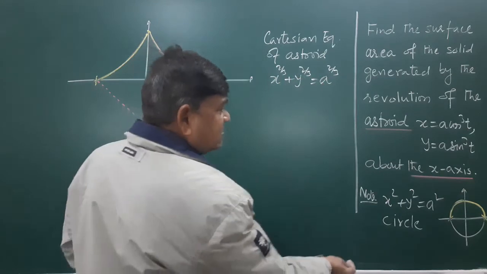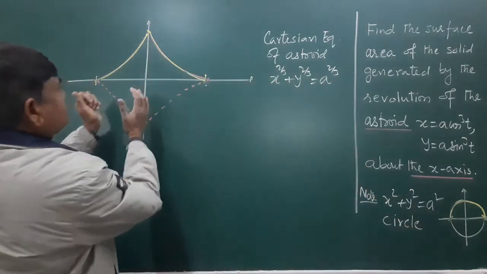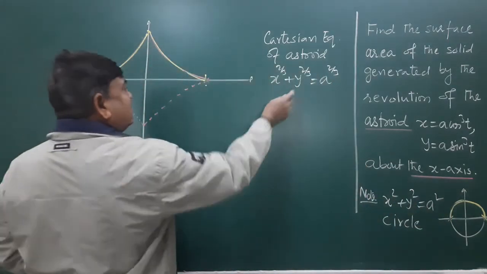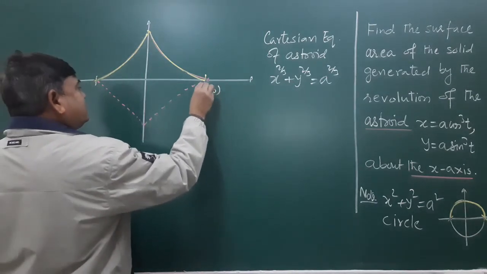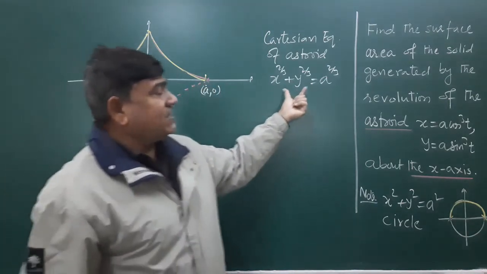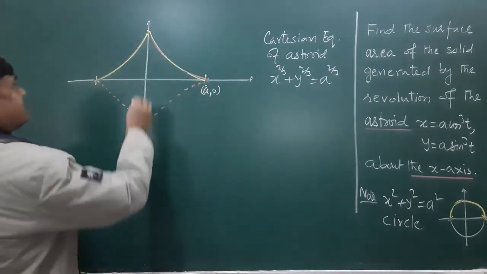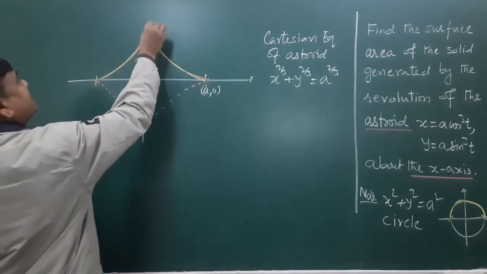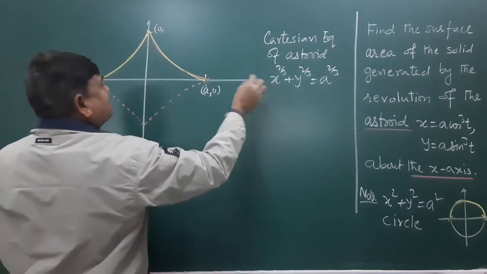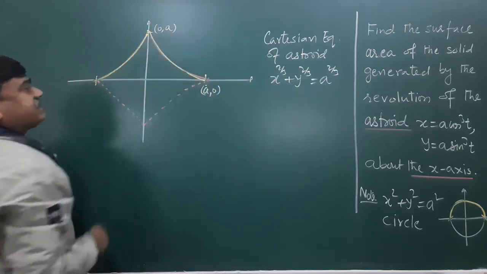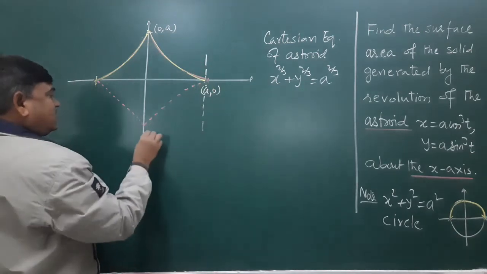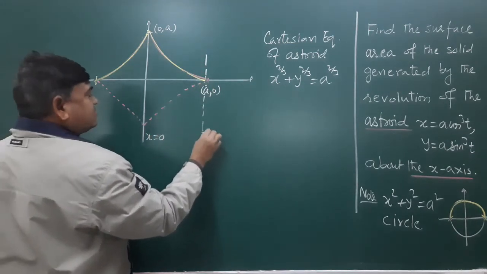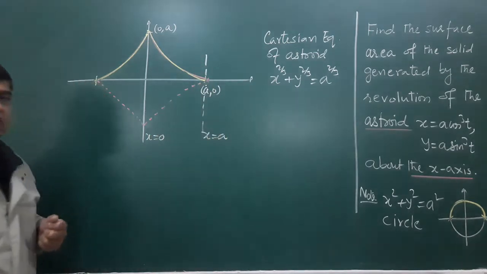Then this diagram is reduced into this format. Definitely when y equals 0, x is a, so this is (a, 0) here. Similarly, here x is 0, then y equals a. So this line is from x equals 0 to x equals a. It will be this.